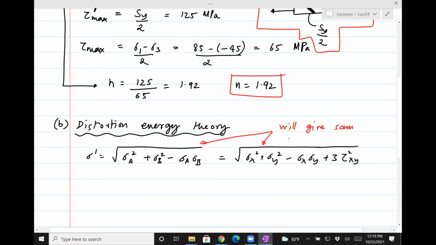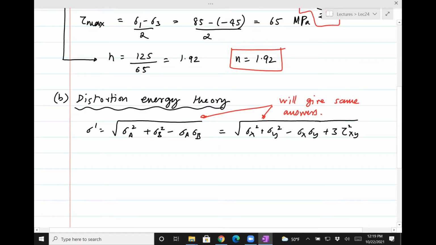Same answers. Here, I think I used the first one. Again, you can verify with the second one.